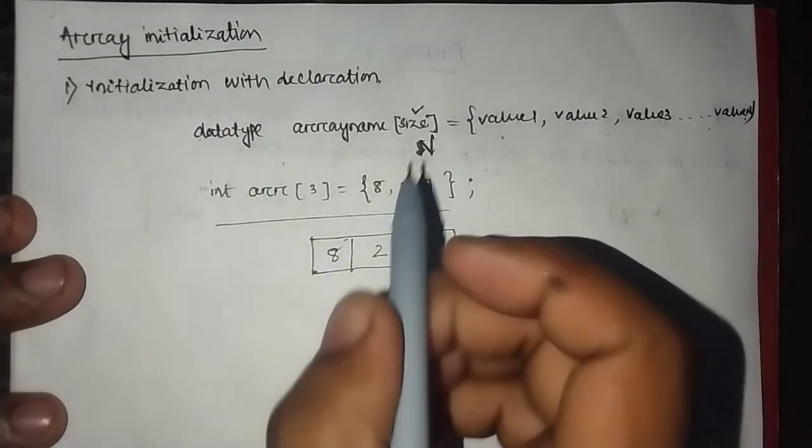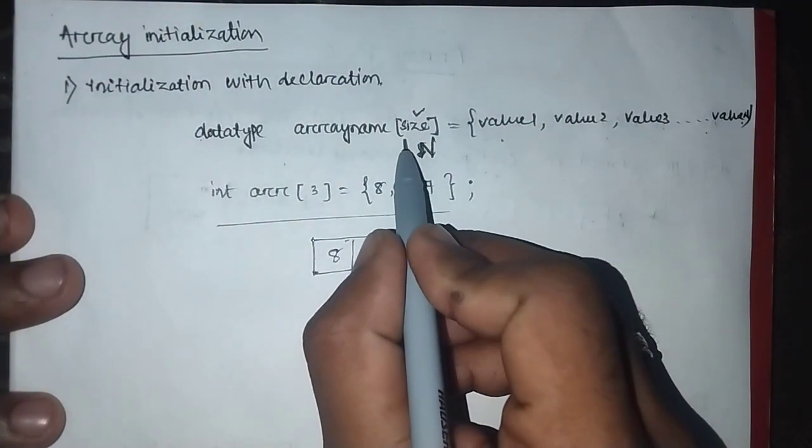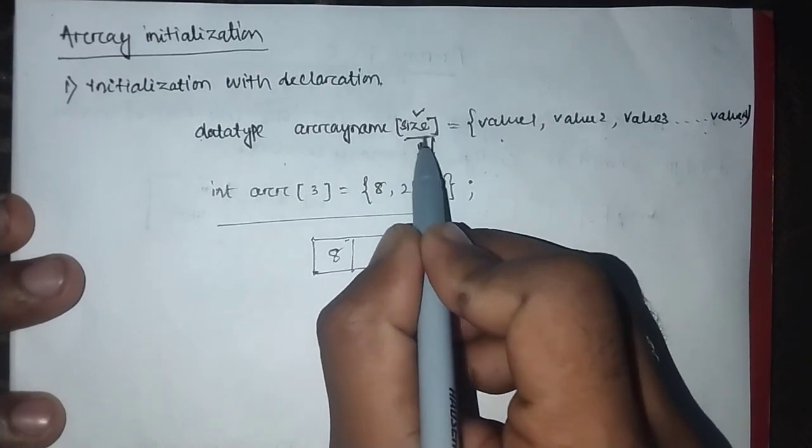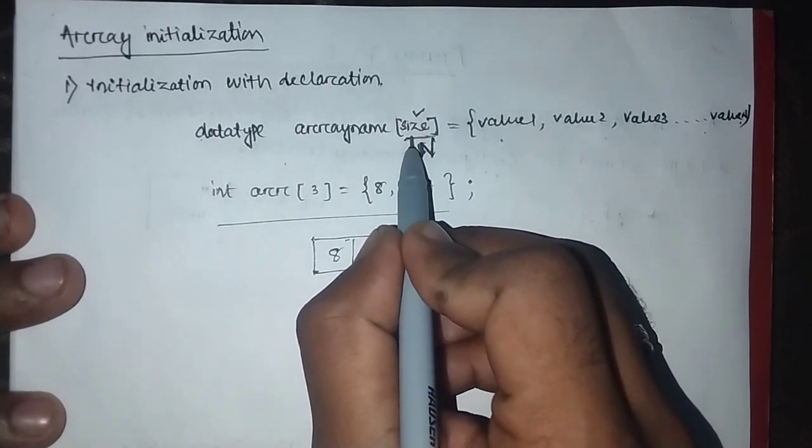Next comes array initialization with declaration, where we will not give any size. In the first one you have already seen that we give some size to it.